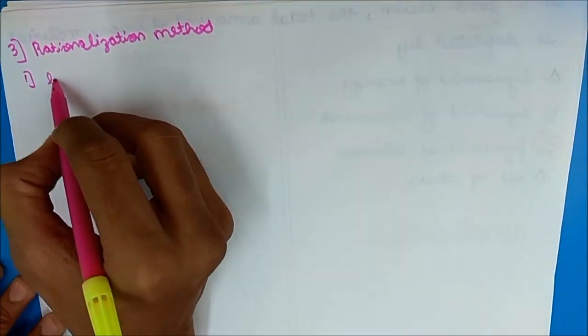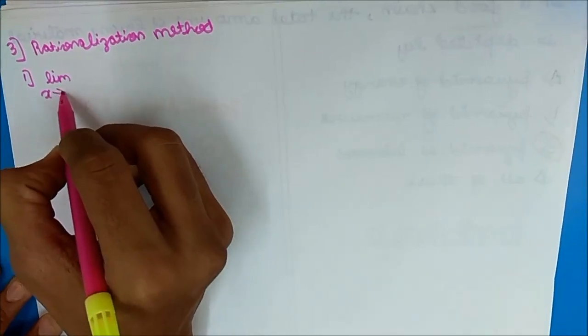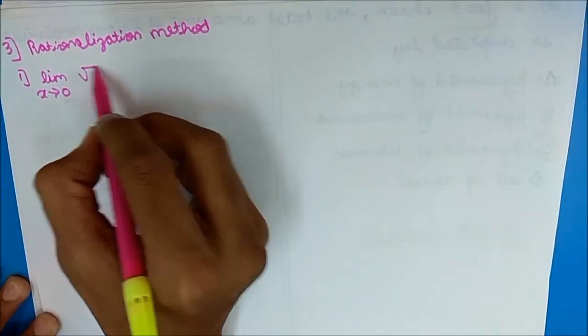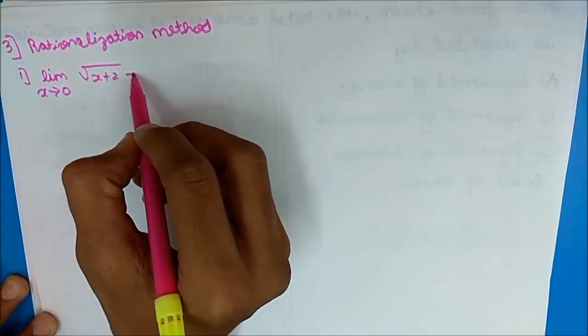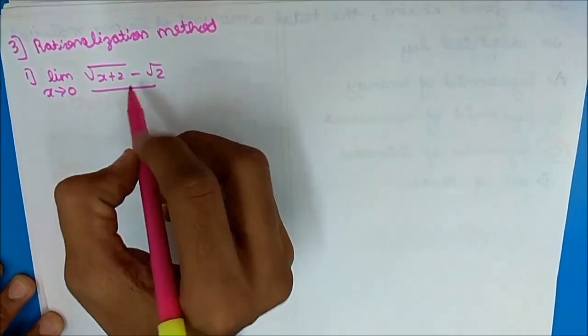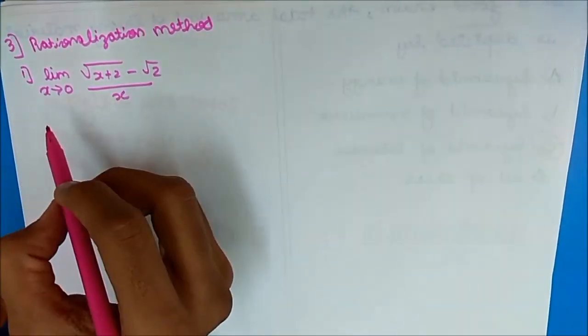The first example we will take is limit x tends to 0, root of (x + 2) minus root 2 upon x.